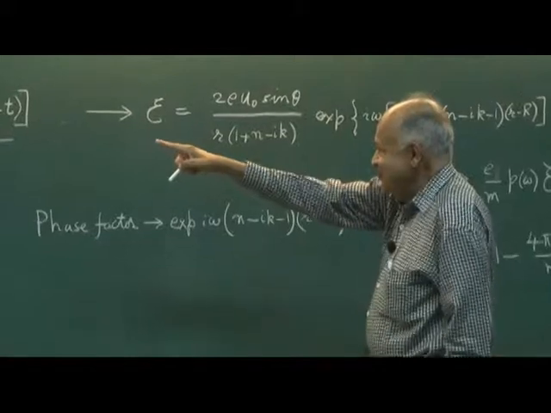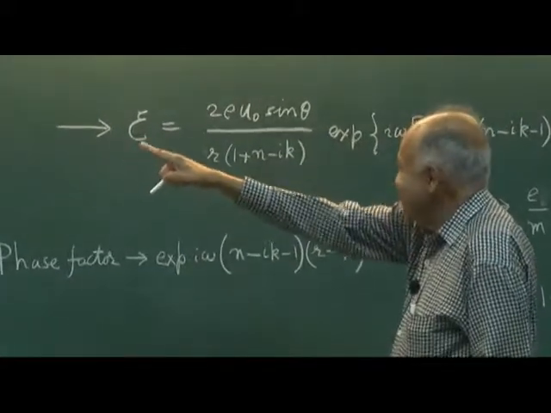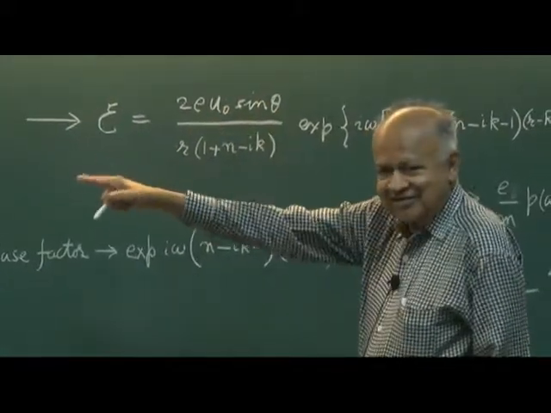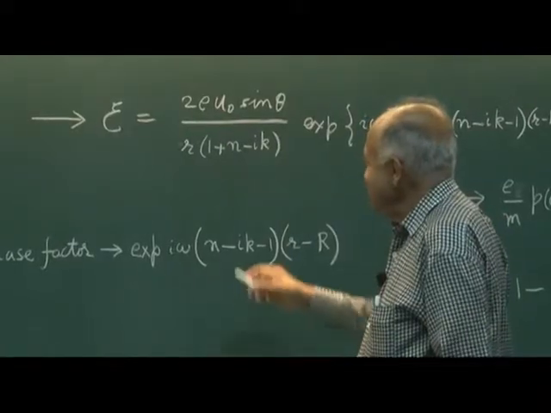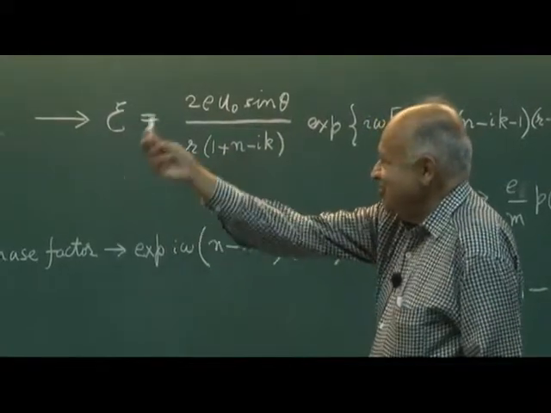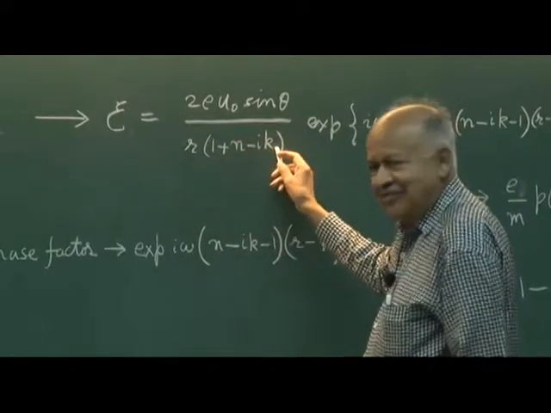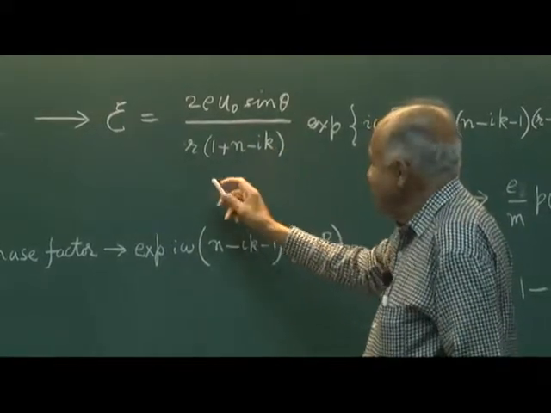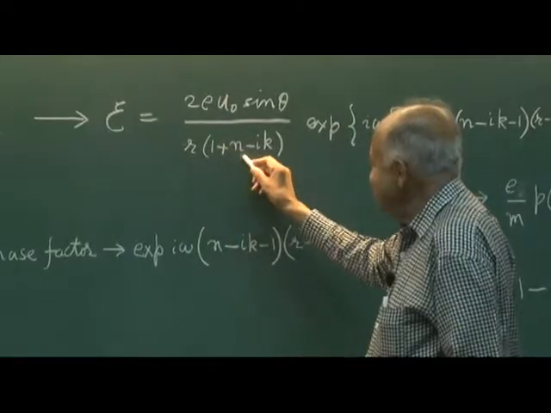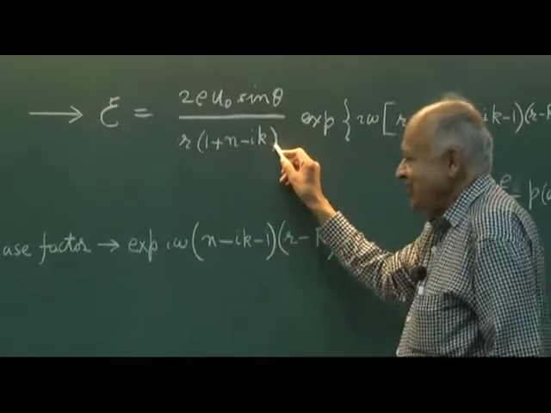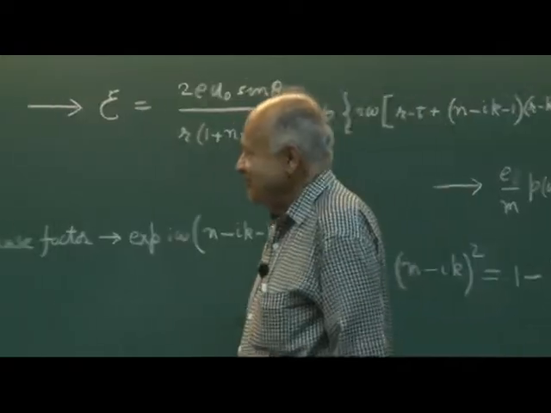This part, E u naught sin theta, is the same as for vacuum, but because now the electric field is not travelling through vacuum but through a refractive index n minus i k, you have r into 1 plus n minus i k instead of just r here.